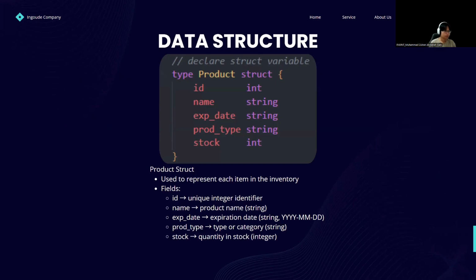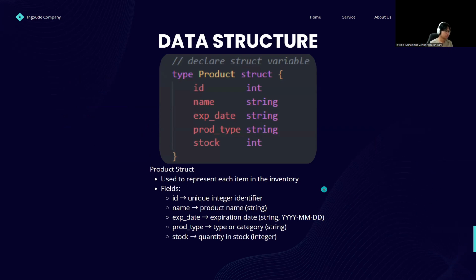In this project, we make a struct called Product. The struct contains ID, name, expiration date, product type, and stock. ID is a unique integer identifier, name is the product name and the type is string, and expiration date is also string.